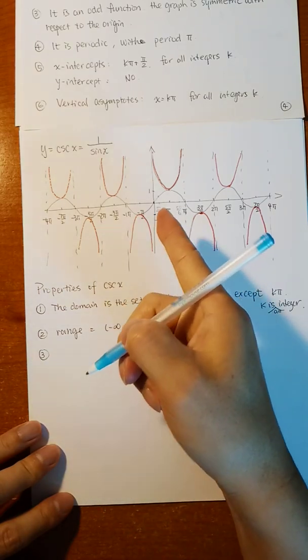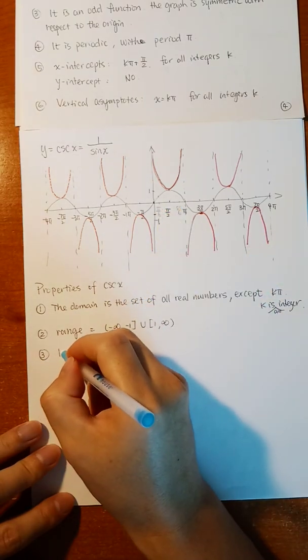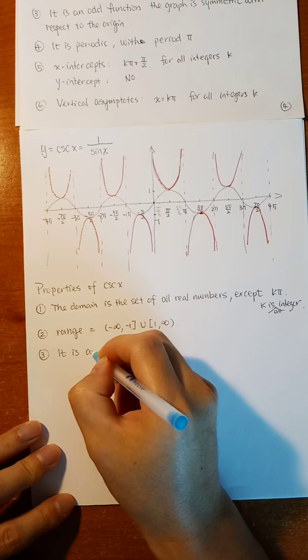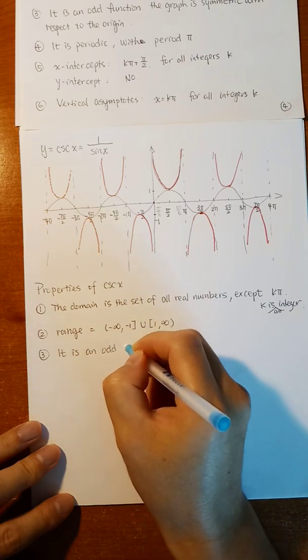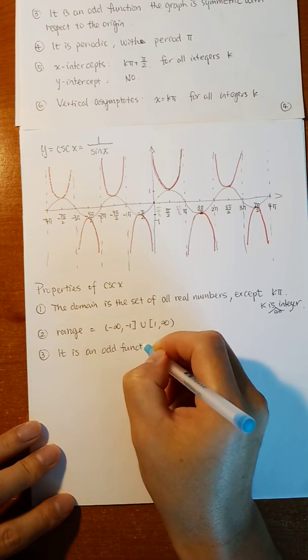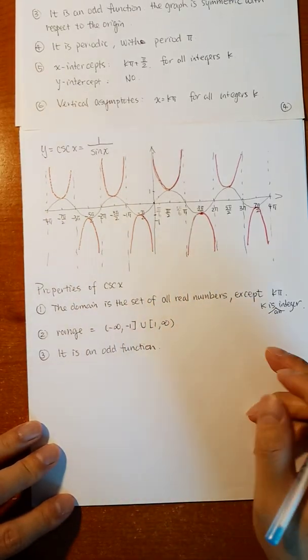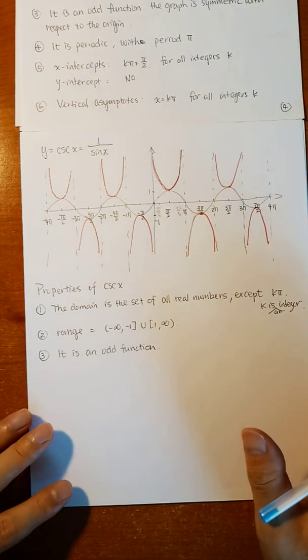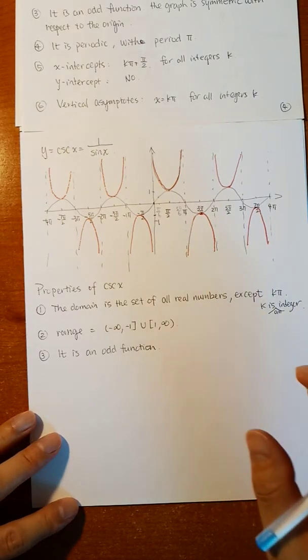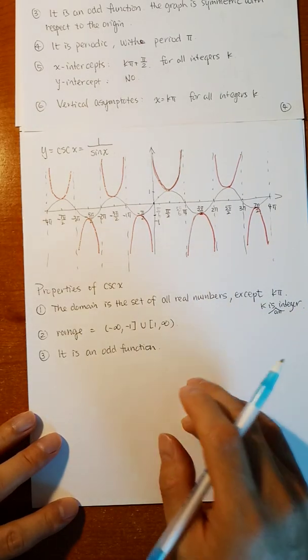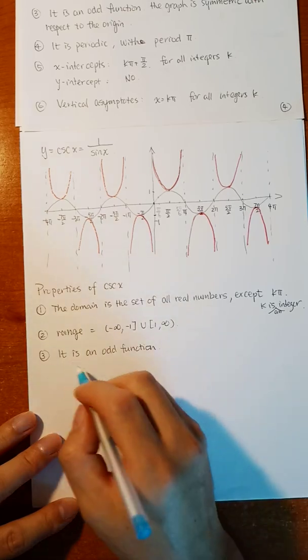Number 3, it's an odd function. Remember that there are only 2 even functions, cosine and secant. The other 4 trig functions, sine, cosecant, tangent, cotangent, are all odd functions. It is odd.